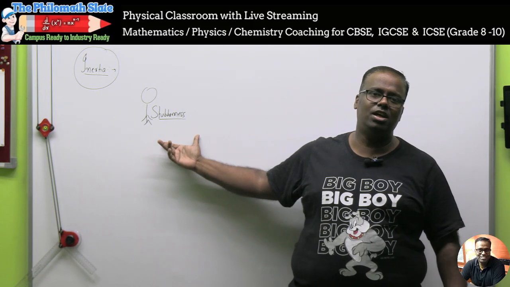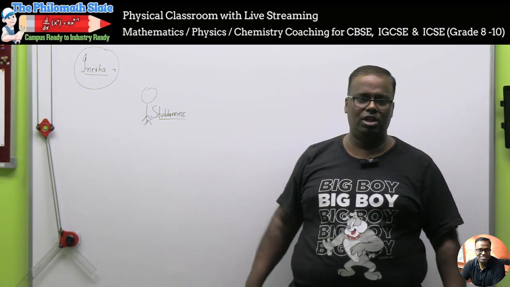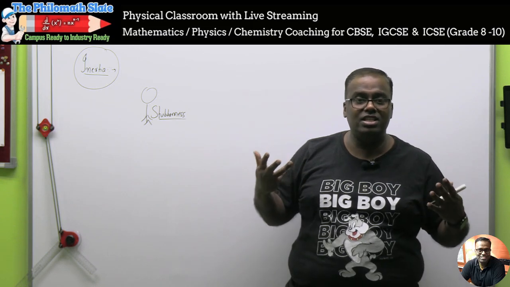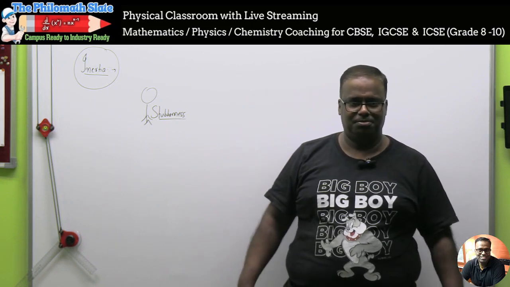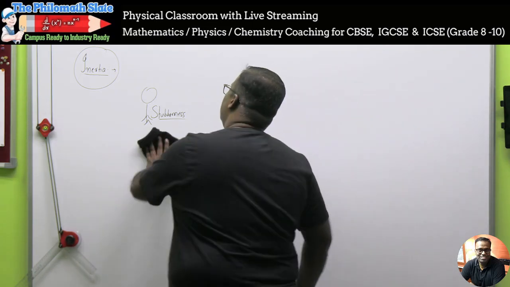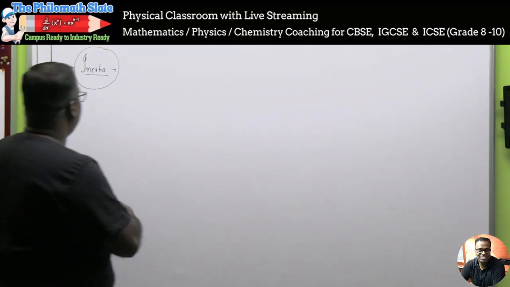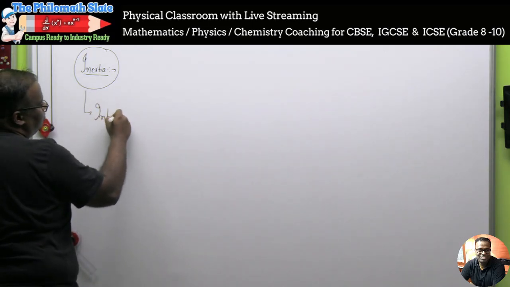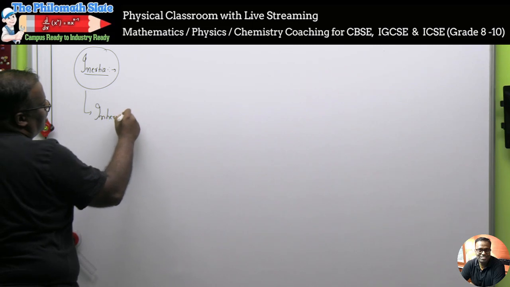So inertia is the inherent property of a body due to which it resists any change in its state. I explained it with stubbornness. So time now to remove stubbornness and understand inertia. It is an inherent property.